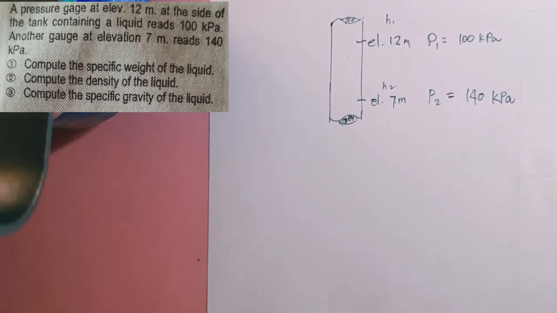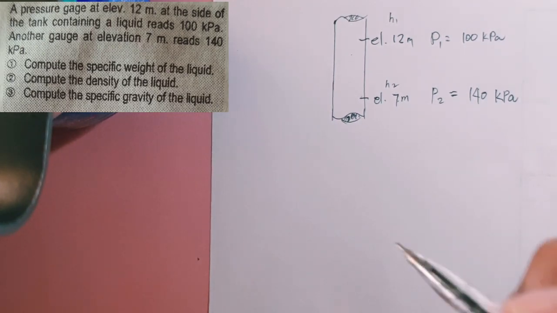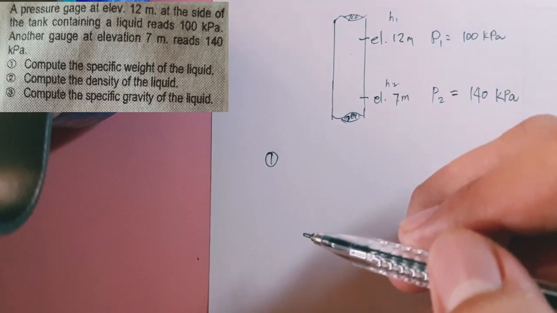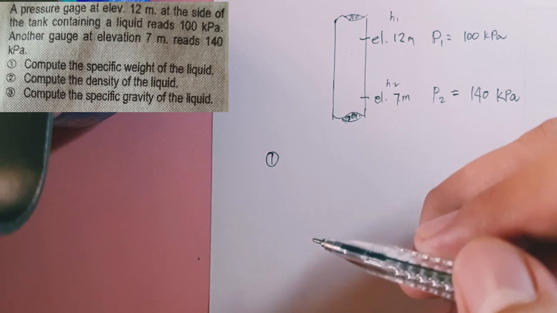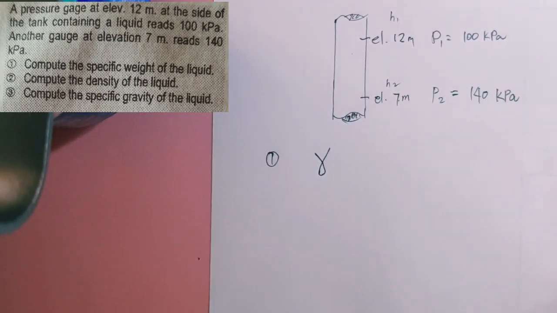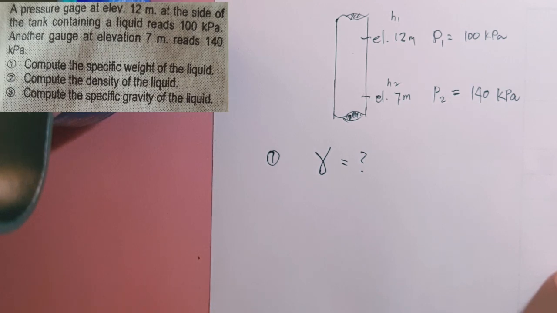So let us proceed. Okay, so for number 1, we have to look for the specific weight of the liquid. Specific weight is gamma. Okay, so how can we derive the formula for pressure in terms of gamma?